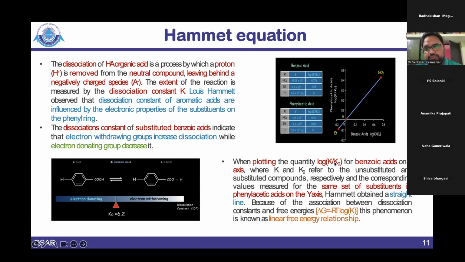And then he plotted the log K by K naught, that is the substituted benzoic acid versus the benzoic acid. And he found that when you plot the values for these different groups, they form a linear relationship as the ability to donate or withdraw electrons increases.